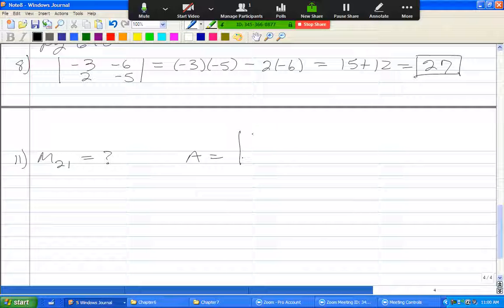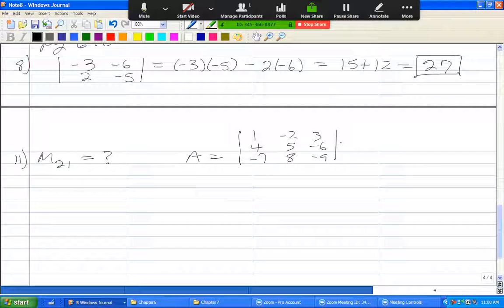Suppose I have 1, 4, minus 7, negative 2, 5, 8, 3, negative 6, negative 9.